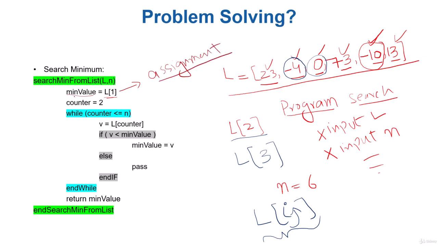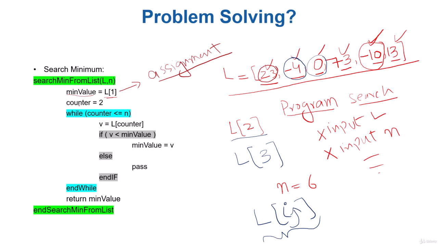This min value is a placeholder or a variable, and I have assigned this value L of 1 to it. Now, from here onwards, the min value will have a value which is 23 in this particular case.